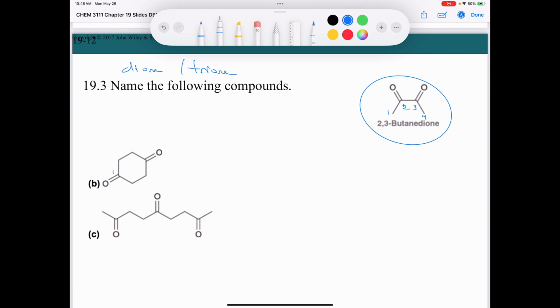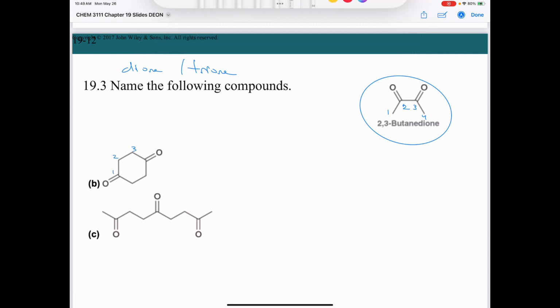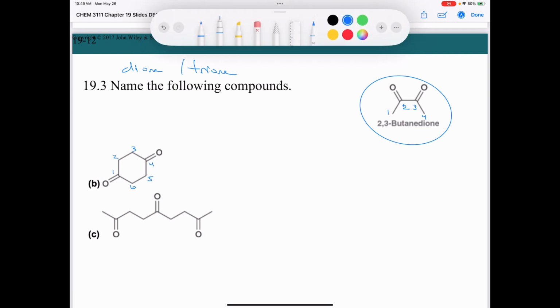And so if you had this molecule here, you have 1, 2, 3, 4, 5, 6. So this is a cyclohexane. So this would be 1,4-cyclohexanedione. And the next one is a trione. So we have 1, 2, 3, 4, 5, 6, 7, 8, 9.